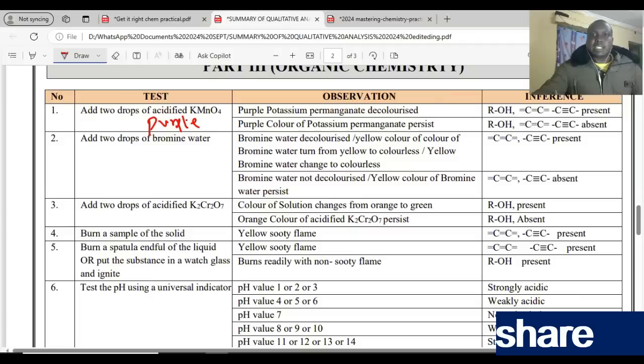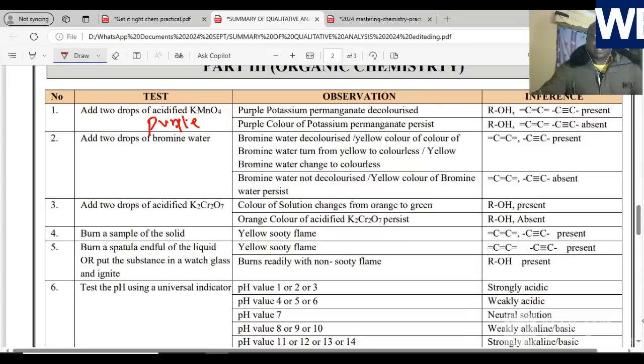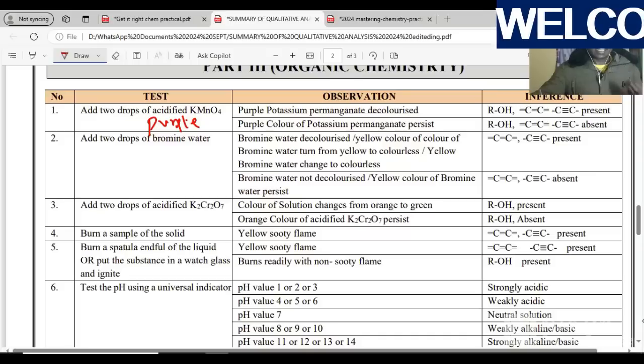If the color changes to colorless, meaning that the purple potassium permanganate is decolorized, meaning the color changes from purple to colorless, then you should know what could be present is an alcohol, an alkene, or an alkyne, the double bond, the triple bond. That one is simple for organic analysis.